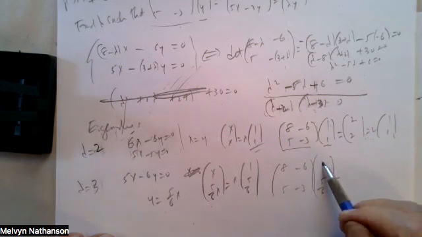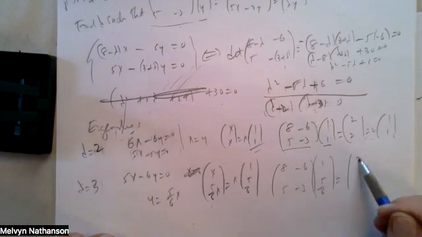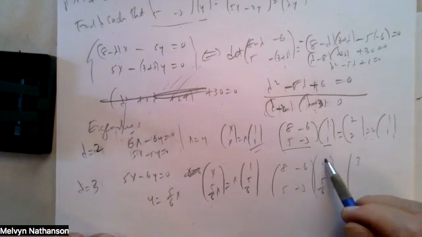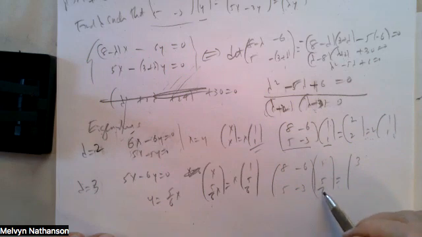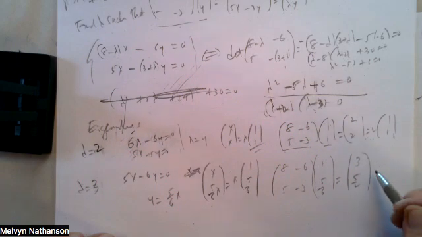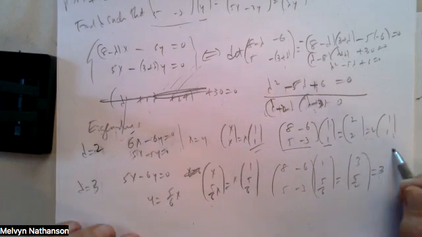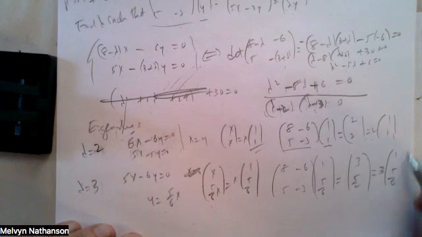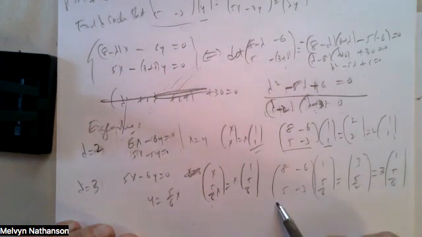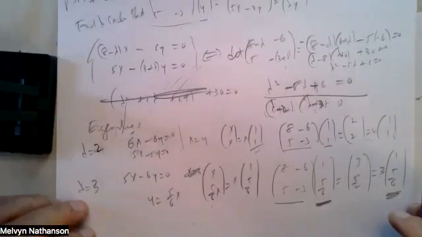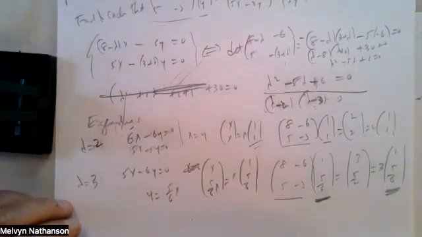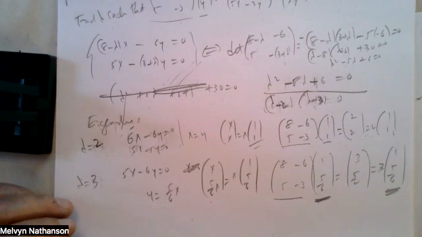I get 8 - 5, which is 3, and 5 - 5/2, which is 5/2, which is exactly 3 times the vector (1, 5/6). So the matrix times this vector is 3 times that vector. So everything works out okay.